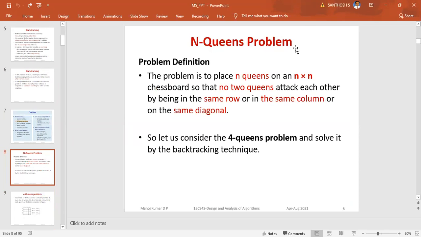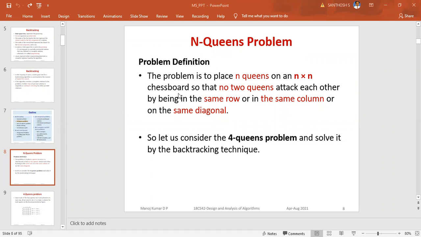The problem is to place n queens on an n cross n chessboard. So if n is 2, it is 2 cross 2, and you want to place 2 queens on a 2 cross 2 board.